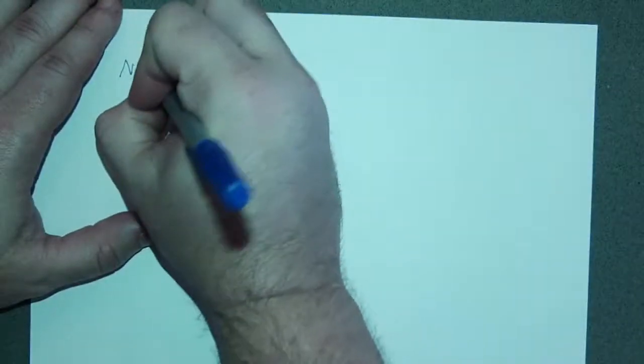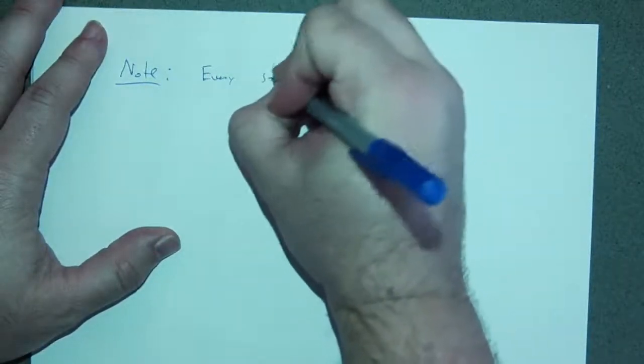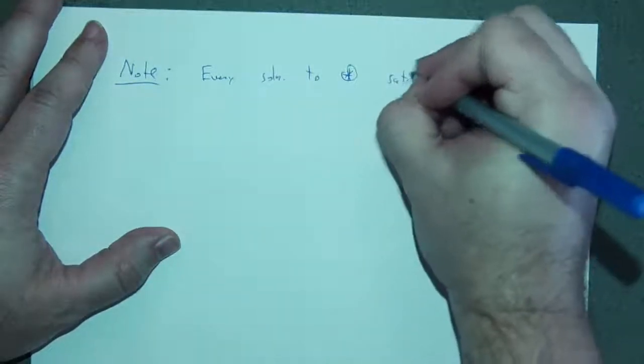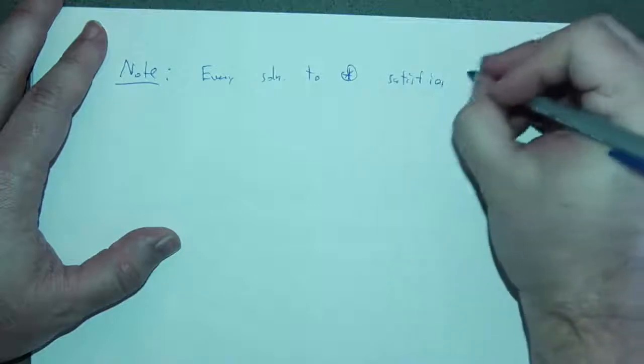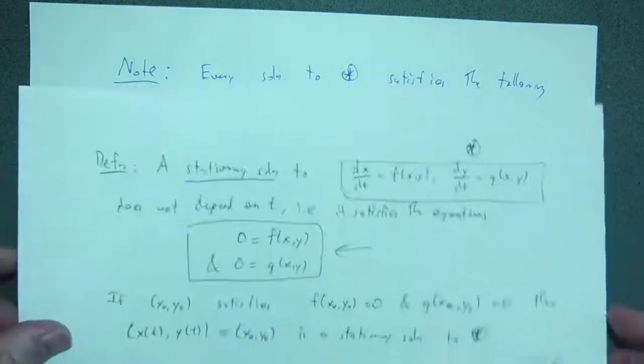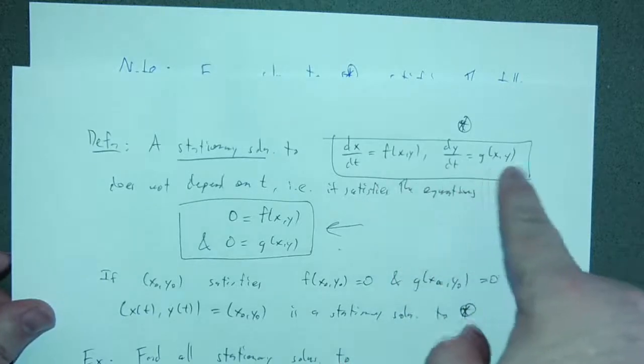Note, every solution to star satisfies the following. So let me just remind you what star is. Star is this system: dx dt is equal to f of xy, dy dt is g of xy.